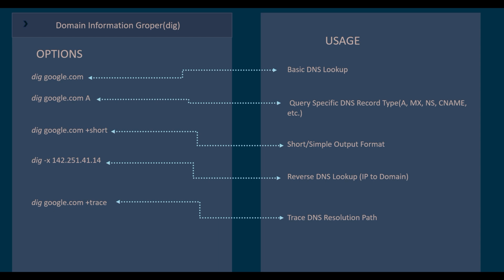Next, we can give the trace DNS resolution path as well, by adding the trace option with this command. Apart from this, there are some more options which are not covered here. You can always check them using the dig help command or the man pages for dig.